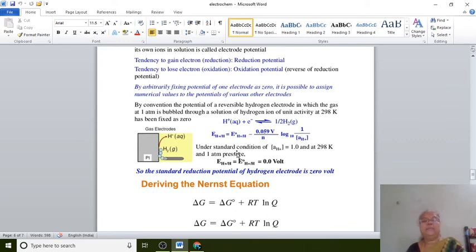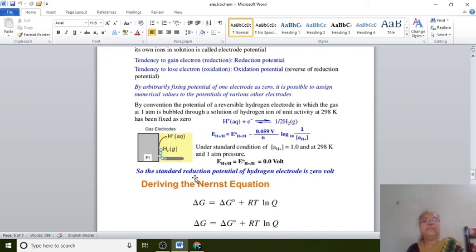When the concentration of H plus ions is equal to unit or 1, then at 298 Kelvin and 1 atmospheric pressure, that means at standard condition, the EMF of the hydrogen electrode is taken as 0 volt, because log of 1 upon the activity or concentration of H plus ion, which we have taken as 1, becomes equal to 0.